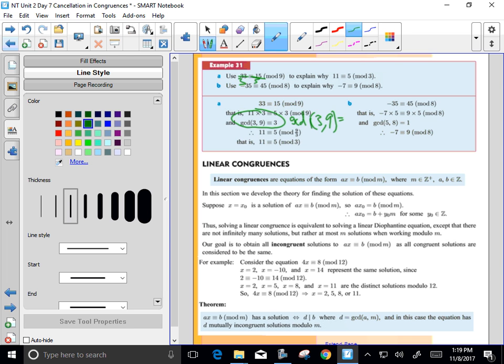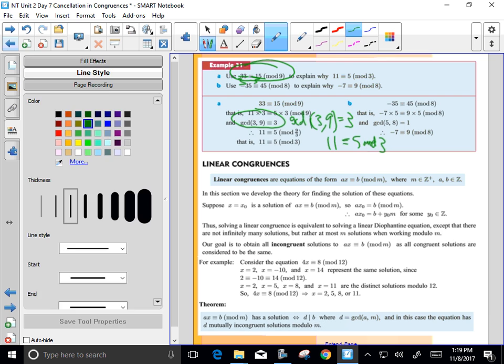Of course it does, it's 3. Since it does, you can change this expression to 11 is congruent to 5 mod 3. That's nice because that'll be a lot easier to find your solutions for. Is 11 congruent to 5 mod 3? 11 minus 5 is 6. That's divisible by 3.